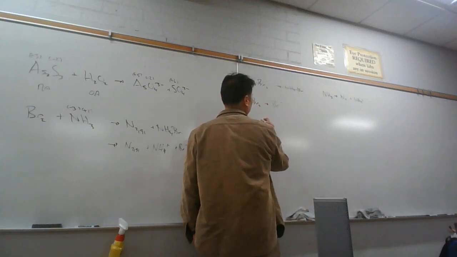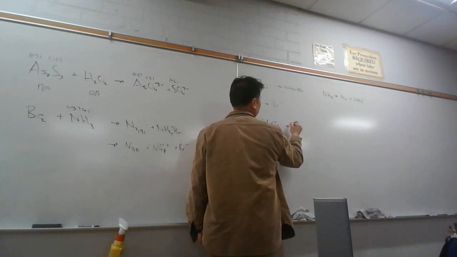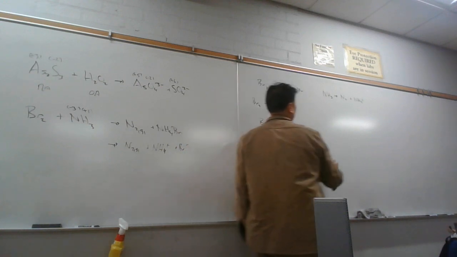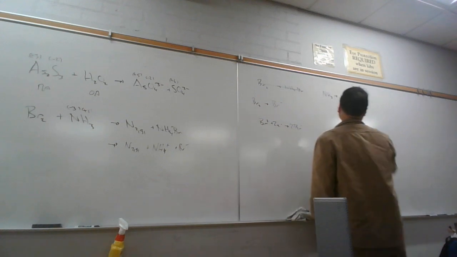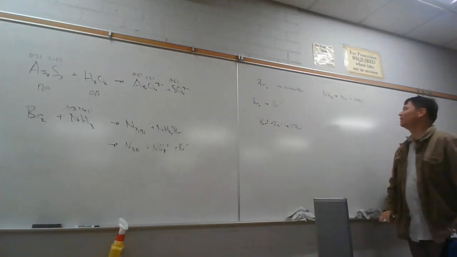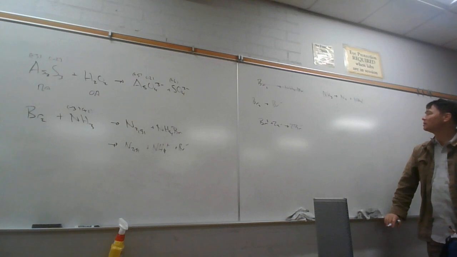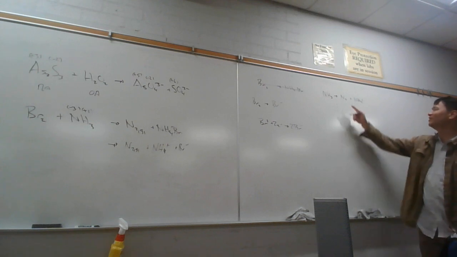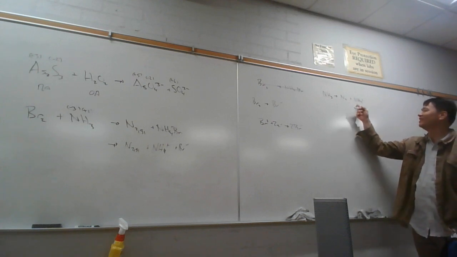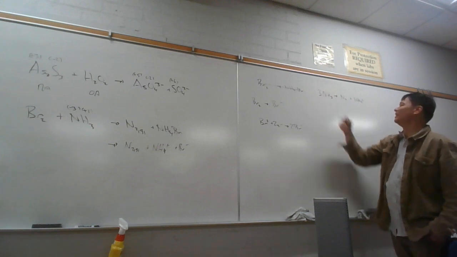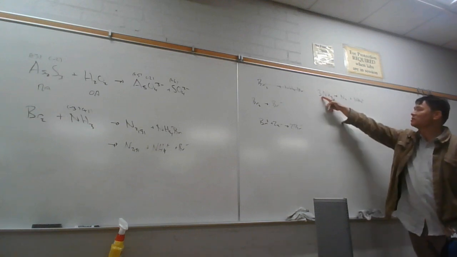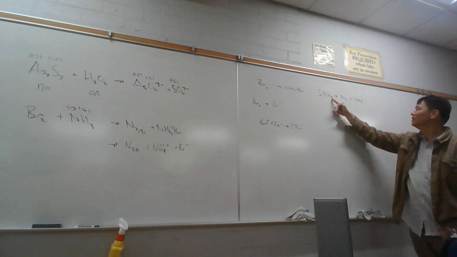So this one we can copy off the chart. Bromine plus 2 electrons goes to 2 bromides. This one we'll have to balance. But the weird thing is the nitrogens aren't balanced here. So over here I have how many nitrogens? 3. So I'll need 3 here. And then I look at the hydrogens. 3 times 3 is 9.